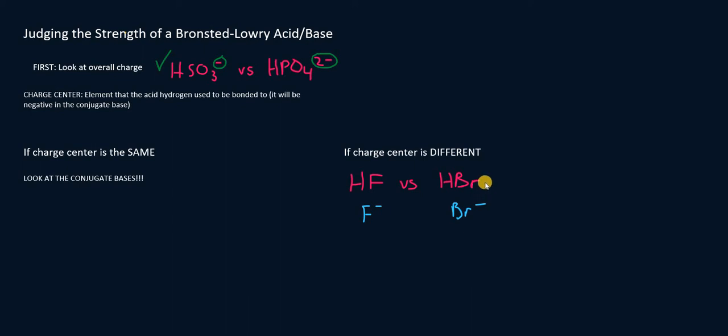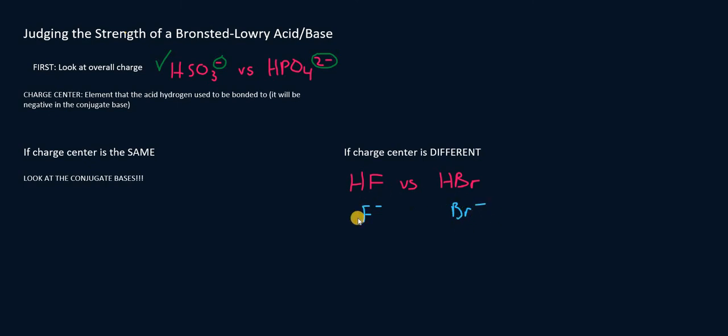But let's actually apply some of our logic here, some of our strength criteria logic, to actually make sense of why HBr is stronger than HF ultimately. And for that, we're also going to need to look at the conjugate bases here. So our conjugate base for HF is F-, and our conjugate base for HBr is Br-. And here you can see clearly that the charge centers are different.